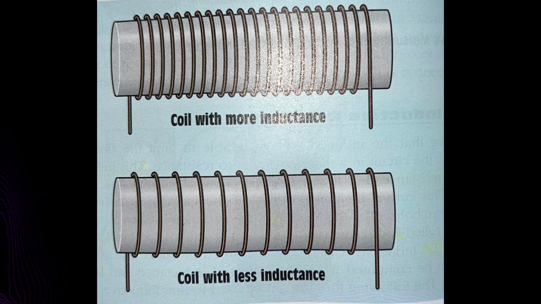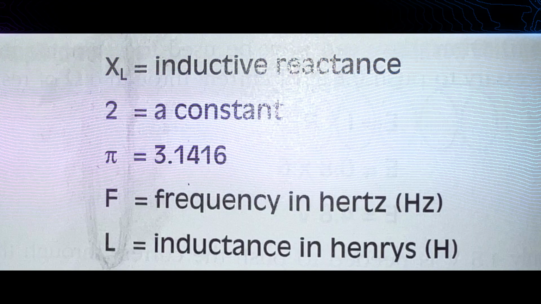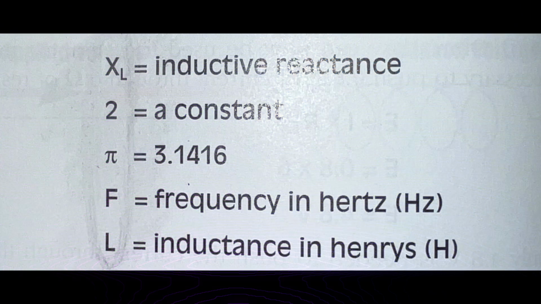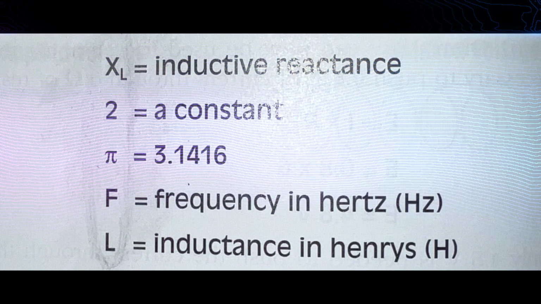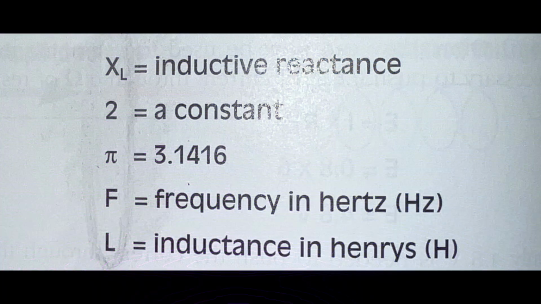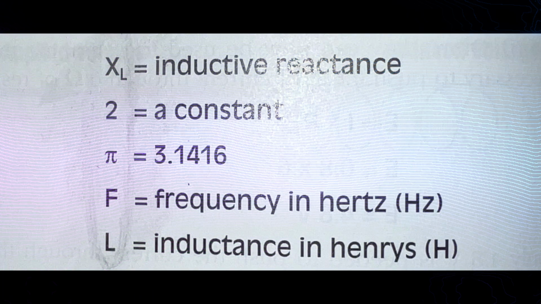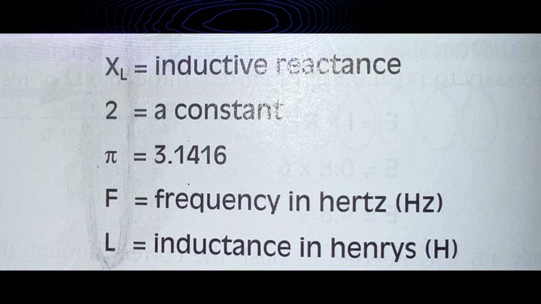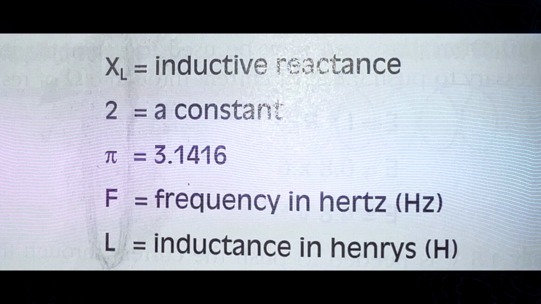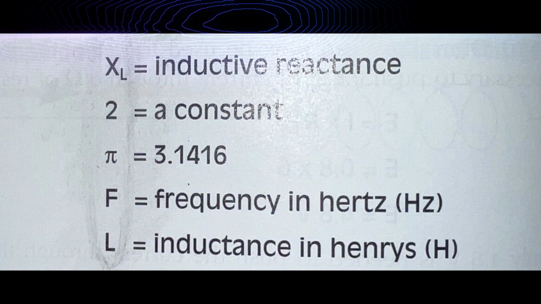The amount of resistance compared with the inductive reactance determines the Q of the coil. The letter Q stands for quality. Inductors that have a higher ratio of inductive reactance to resistance are considered to be inductors of higher quality.